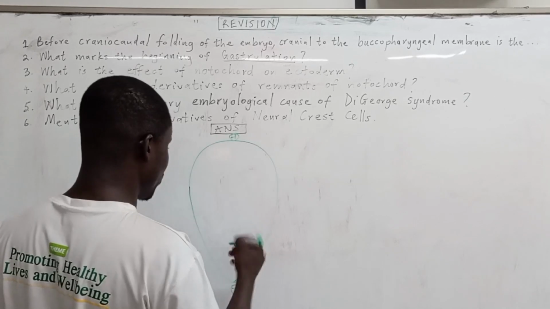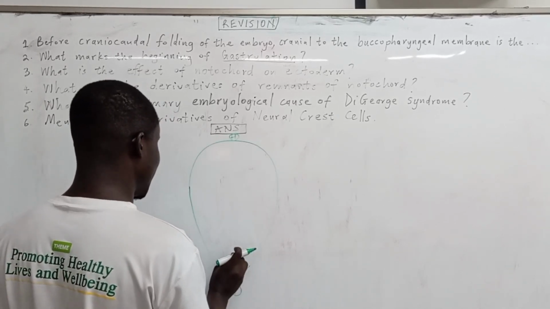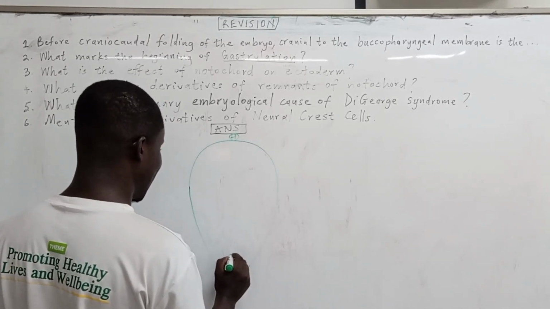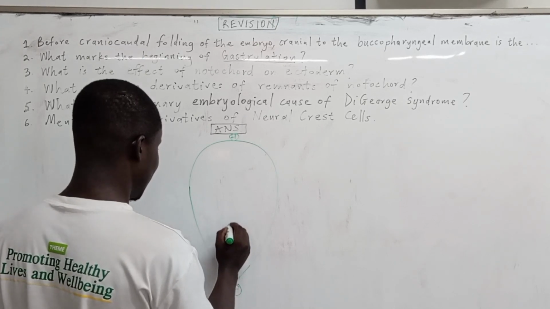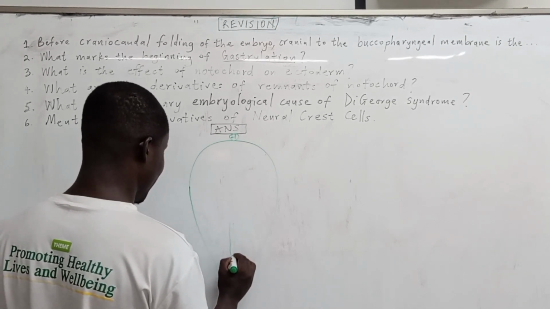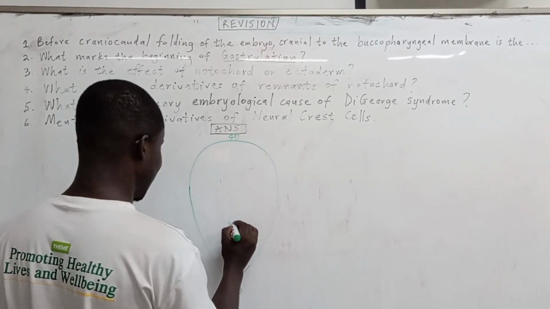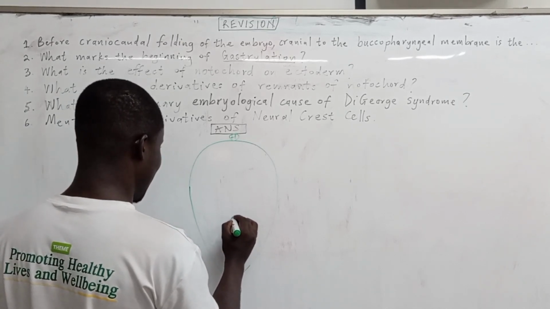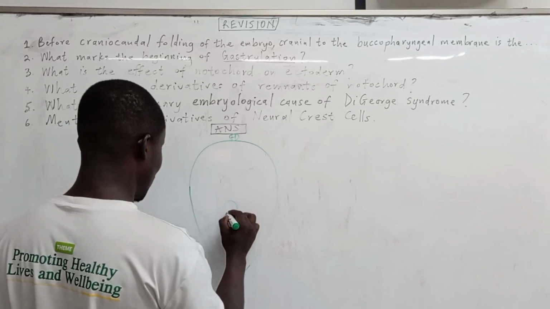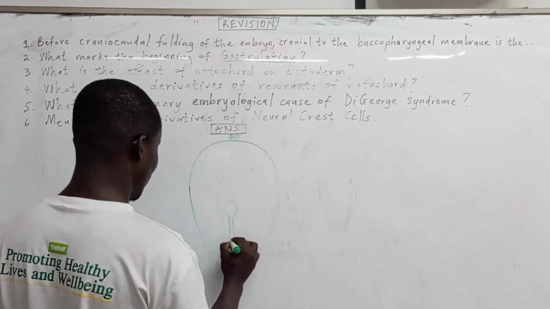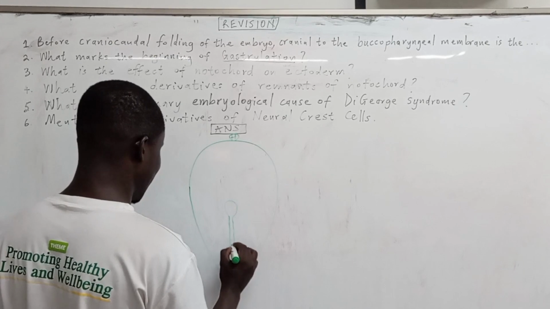And I told you that some proliferation of cells will take place from the caudal region going cranially. So that this time at the cranial region, we see this nodular mass formed over there.